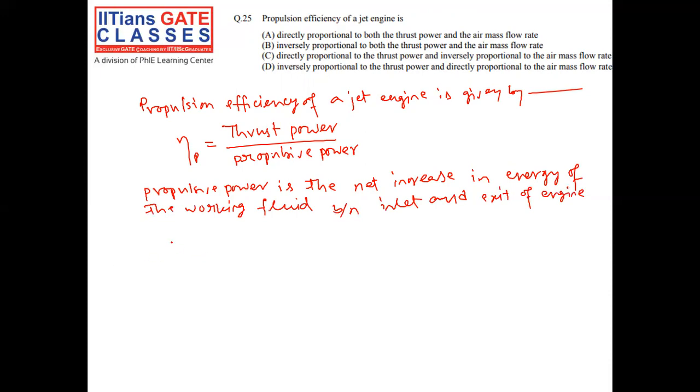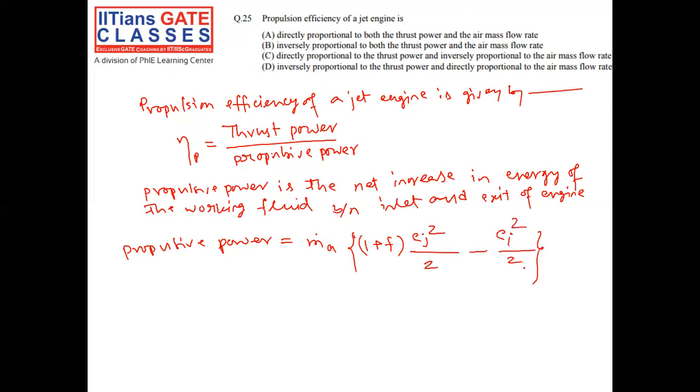Right, and this is given as m_a dot times (1 plus f) times (Cj square by 2 minus Ci square by 2). Ci is the inlet velocity.